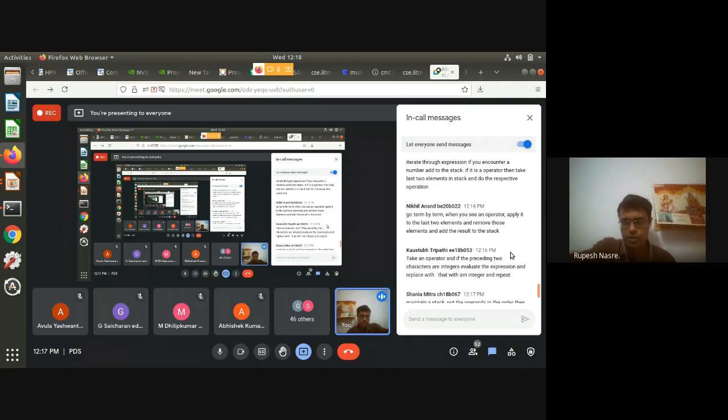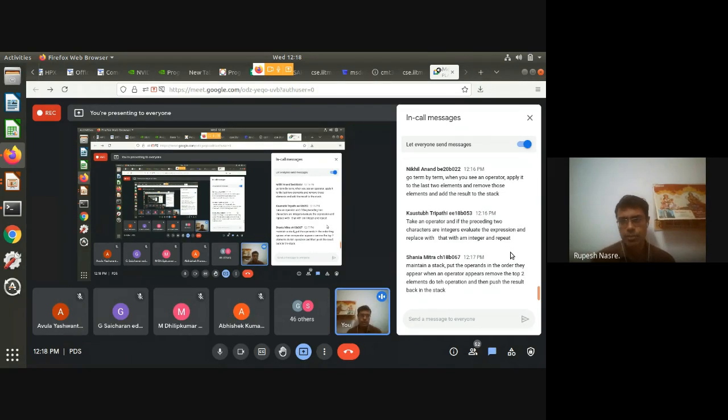Nikhil Anand says go term by term. When you see an operator, apply it to the last two elements, remove those elements, and add the result to the stack. Correct. Kaustubh says take an operator and if the preceding two characters are integers, evaluate the expression, replace it with an integer, and repeat.